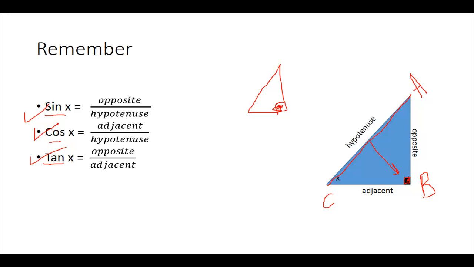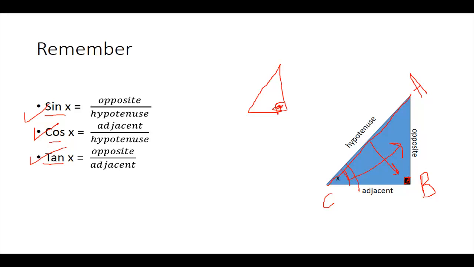We have an angle x here. Any angle inside the triangle has two parts. The first is called the opposite side, which is AB. AB is opposite to the angle x, and CB is the adjacent side for x. Adjacent means the side that is next to the angle.